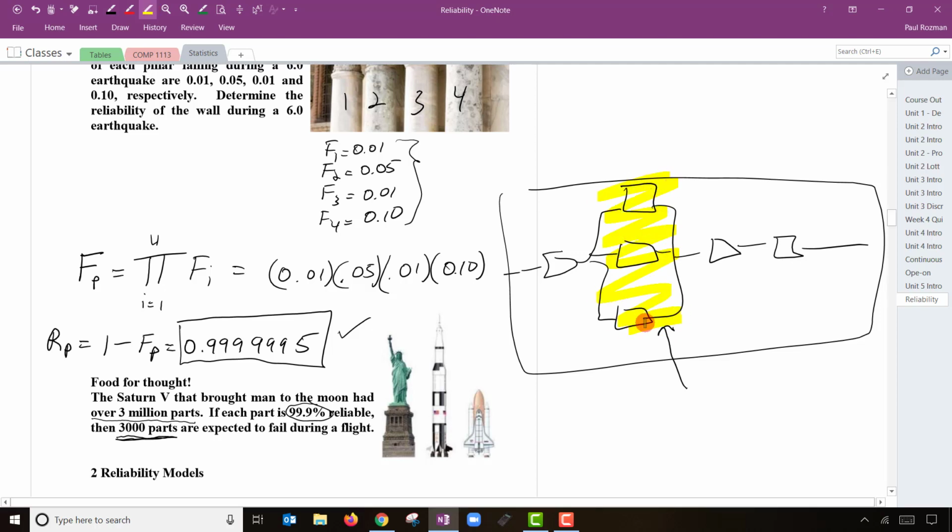And then once you know the reliability of the parallel section, then you can view the thing in series and consider it, piece one, piece two, piece three, and this whole piece is now just one reliability. So rather than trying to trace all the different ways that you can get through this, you can essentially just attack it bit by bit. Oftentimes I put one of those on a test, so keep your eye out for such a thing. You're basically just combining the two examples that we just did.